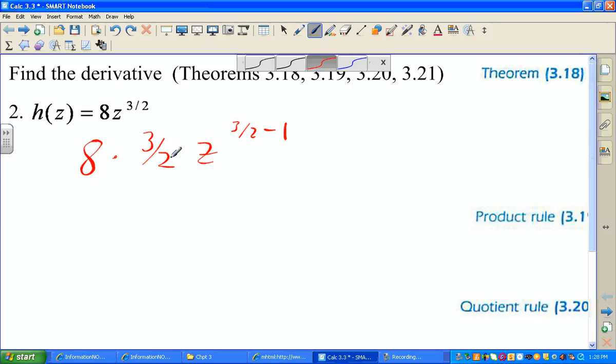That's one you were just talking about. I gave it to you all at once instead of in 2 parts. So this is the derivative h prime of z. On h prime of z, you simplify and you get, what, 12z to the 1/2.